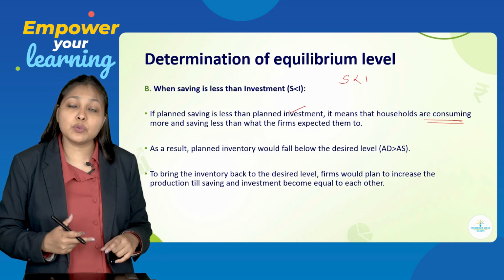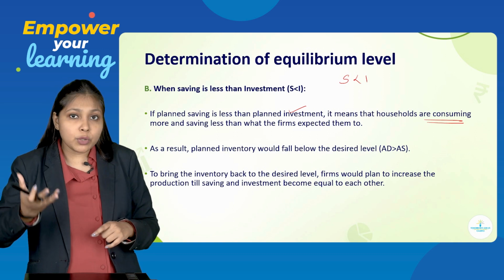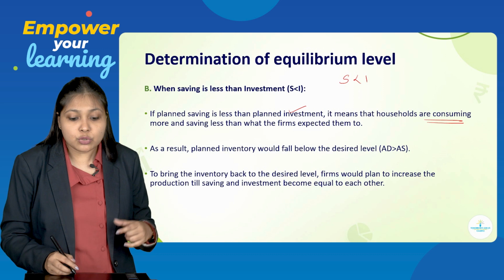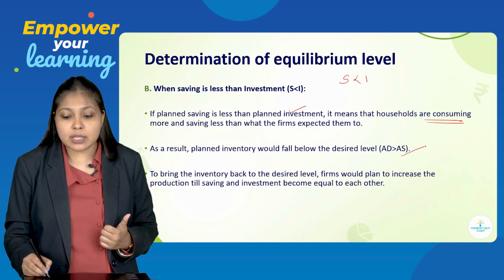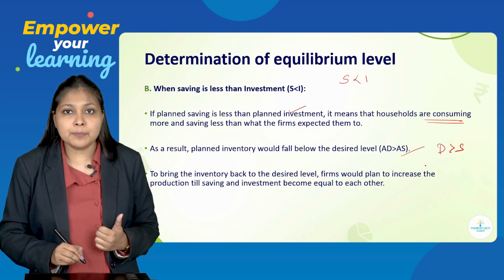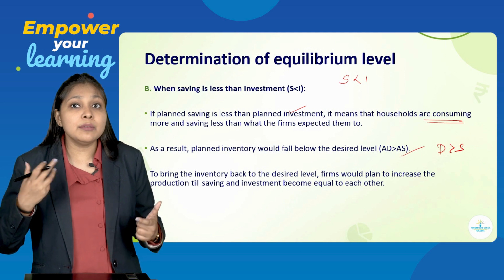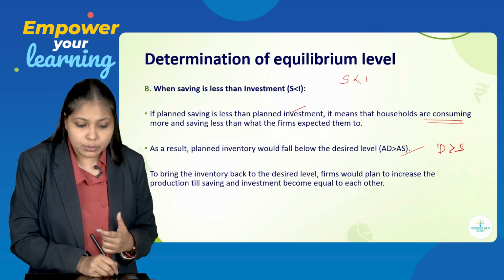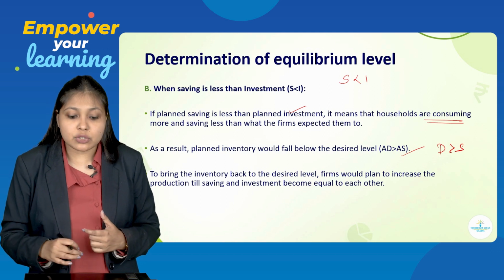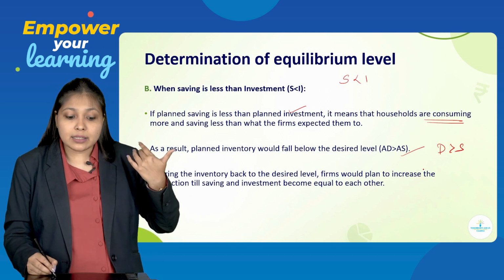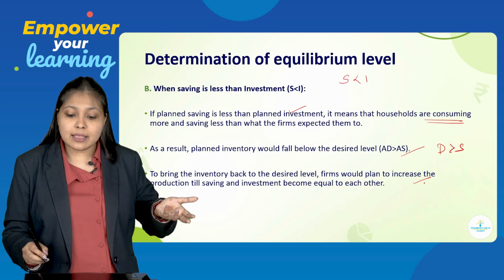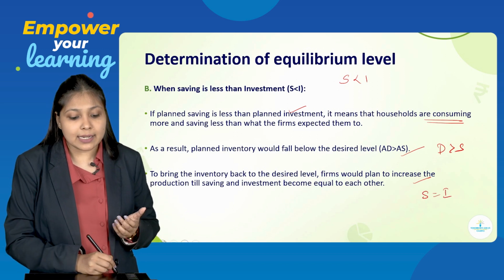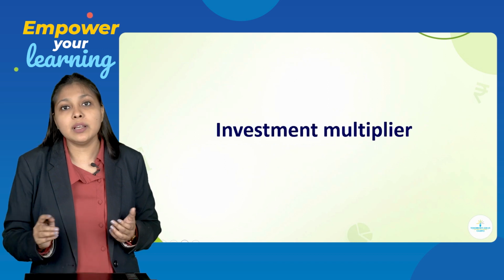So households are spending more money on consumption as compared to savings. So planned inventory would fall because demand is more than supply. People are demanding more but supply is less. So in order to normalize the situation, the firm will increase production till my S becomes equal to I, that is, my S becomes equal to investment.